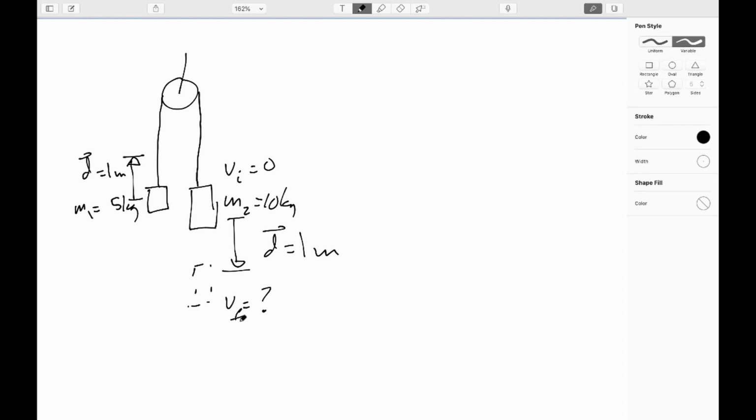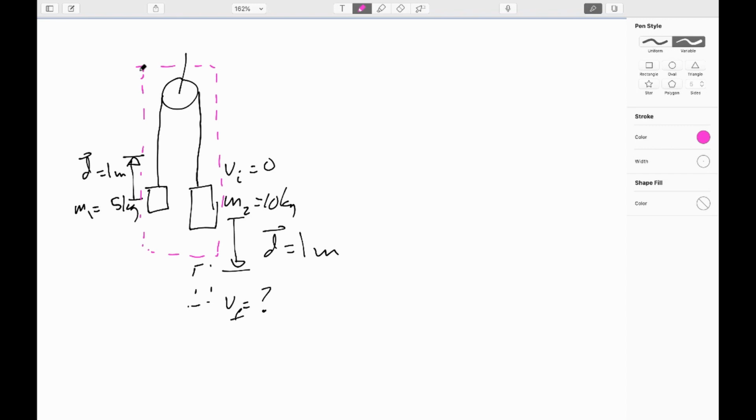Okay, so here the trick is to cleverly define your system. And here we can isolate out the system better if we just make the whole Atwood's machine the system. Then the only two forces that are external to the system are the forces of gravity acting on the two masses.